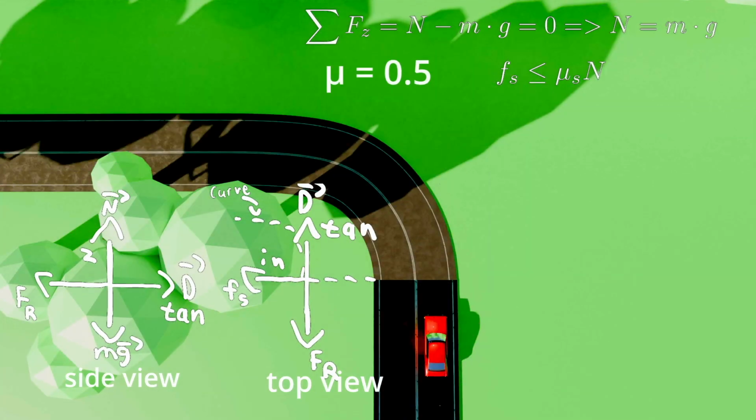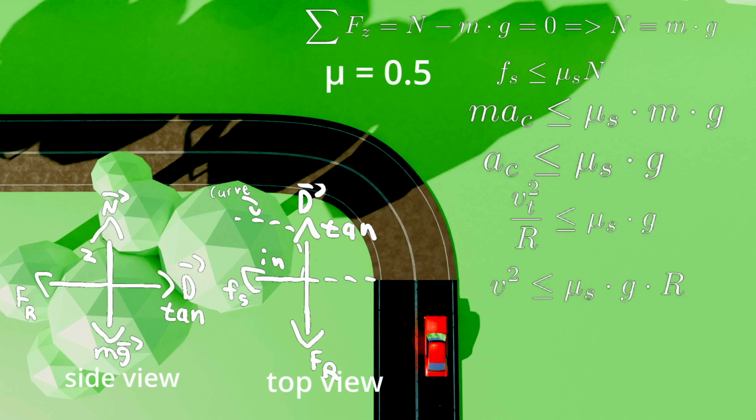Due to the force of friction being our centripetal force, we can rewrite this as ma is less than or equal to the coefficient of friction times the weight, according to Newton's second law, and get rid of the mass. So as we discussed before, the centripetal acceleration is just the velocity squared over the radius. Now solve for the velocity squared.